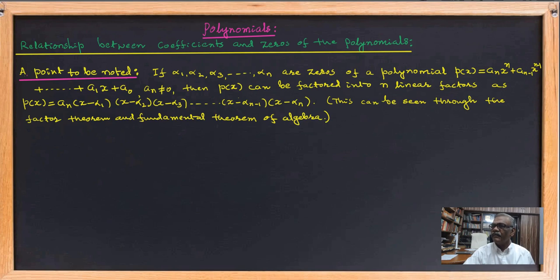If alpha 1, alpha 2, etc., alpha n are the zeros of the polynomial p(x) equal to a_n x raised to n plus a_(n-1) x raised to n minus 1, and so on, plus a1 x plus a0, a polynomial of degree n, I mean the leading coefficient a_n is not equal to 0, then p(x) can be factored into n linear factors as p(x) equal to a_n into (x minus alpha 1) into (x minus alpha 2), etc., (x minus alpha n).